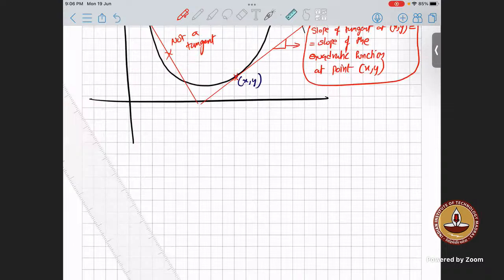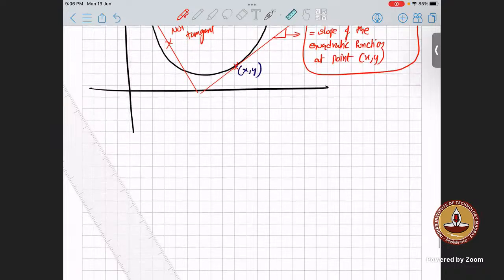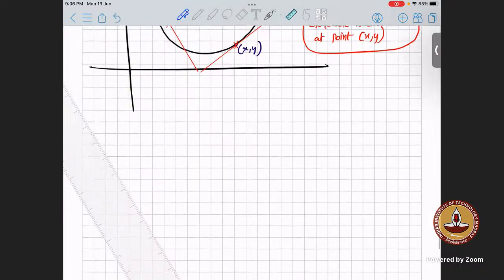Sir, what is the use of tangent and slope? I will try to tell it in physics, to give you a feel for how the tangent works.